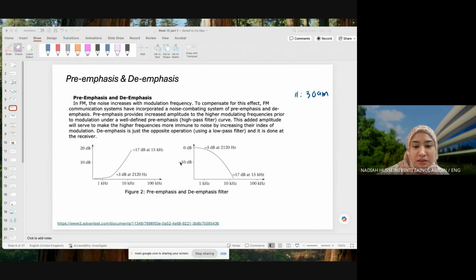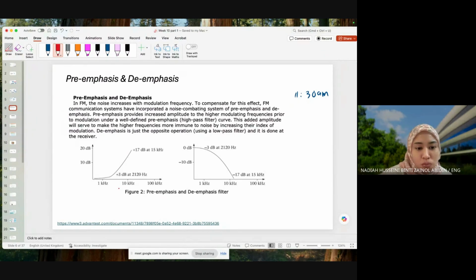Okay, so this is the pre-emphasis and de-emphasis filter shown here. This is a graph of frequency versus dB. Here we have 1 kilohertz, 10 kilohertz, and 100 kilohertz. Over here, it starts to take off a bit, not too much.